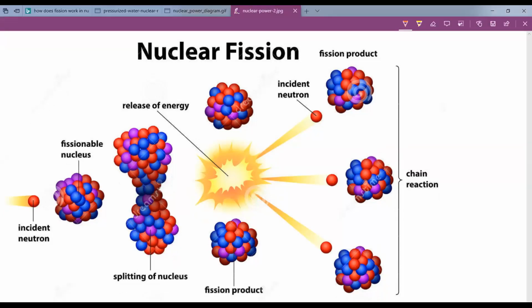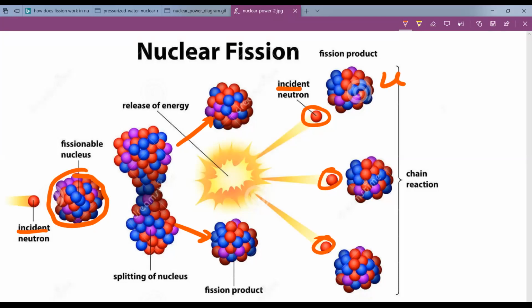So we've got what they're calling the incident, which means incoming neutron. This hits the fissionable nucleus, which would be the uranium-235, and that splits it into these 2 nuclei, and it gives off 3 neutrons, which are incident for the next uranium.